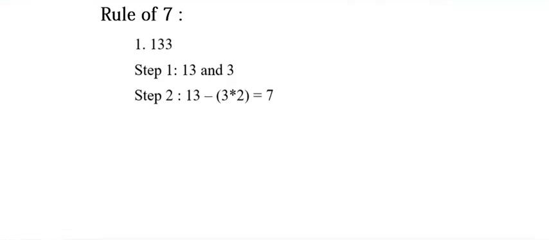Now shall we try one more number? Let's go for one bigger number, 939,715. Very difficult, huh? Now let's go for step number 1 as usual. We'll write all the terms leaving the last one. So all terms means 93971 and the remaining term will be 5. Now step number 2, what do we do?